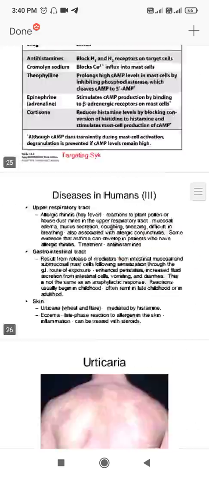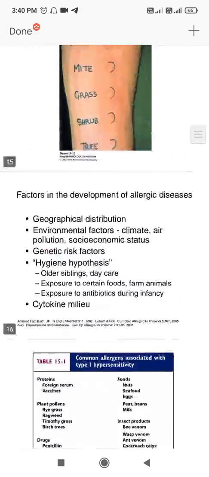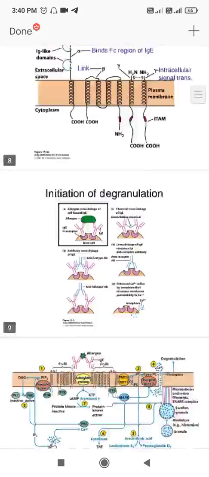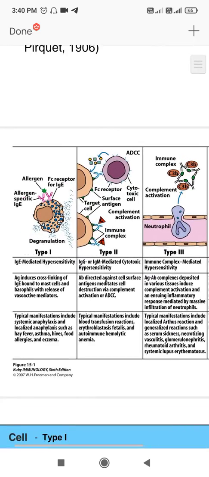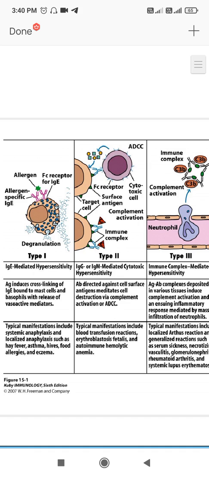So these are the summarized points in allergy or in type 1, 2, 3 hypersensitivity. Type 1 is due to the degranulation of the vasoactive amines. Type 2 is antibody dependent cell cytotoxicity. Examples of type 1: asthma, systemic anaphylaxis, fever, food allergy.